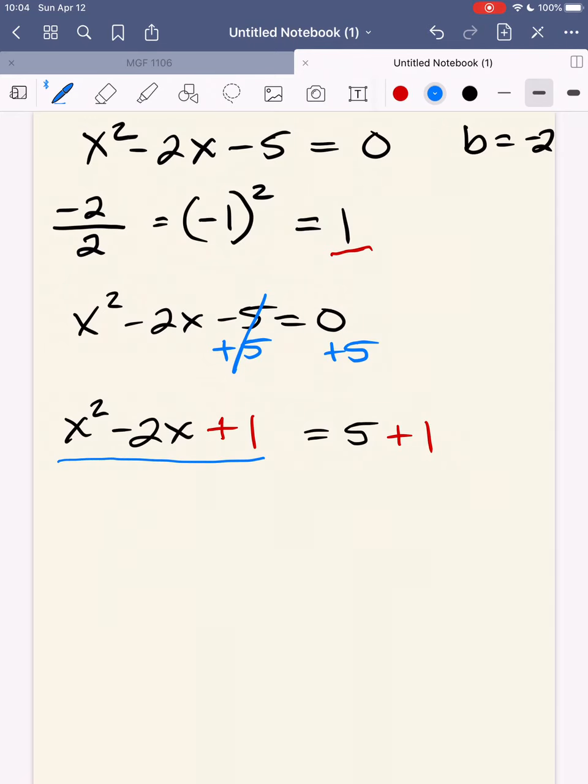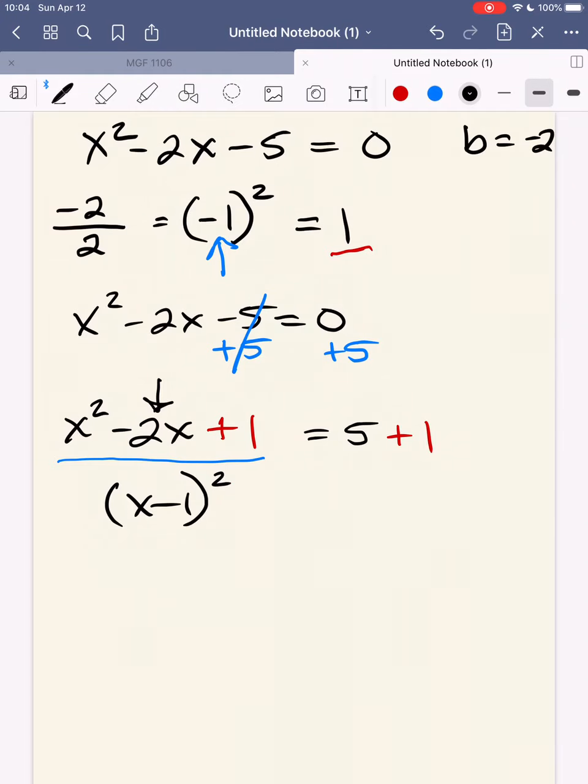The number I'm going to look at now is this negative 1 before I squared it. If I were to factor, it would factor into x minus 1 times x minus 1, or x minus 1 squared.